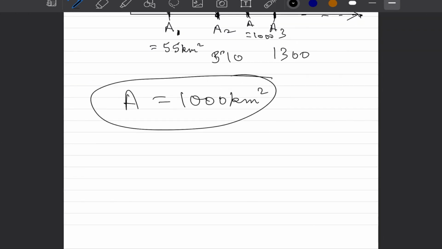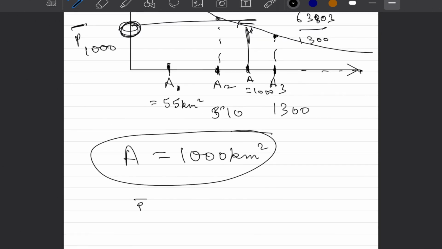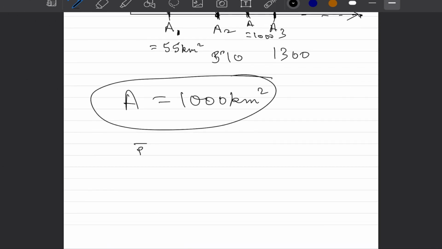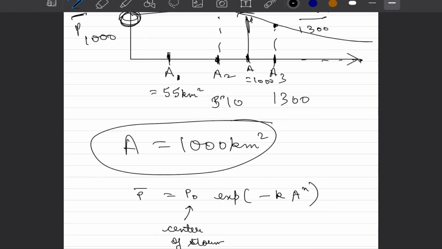In fact, the relationship between average precipitation and area is an exponentially decaying function, and the general equation is given by P average equals P naught into exponential of minus K A to the power n, where P naught is the highest amount of rainfall that we would receive at the center of the storm, which of course corresponds to the first point that we have marked here.